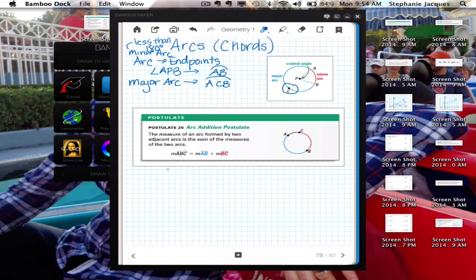The measure of a minor arc: if you want to find the minor arc, you're going to write it like this. Let's look at this one, for example, and let's say that AB is 60 degrees. So the way you would write that is the measurement of arc AB is equal to 60.